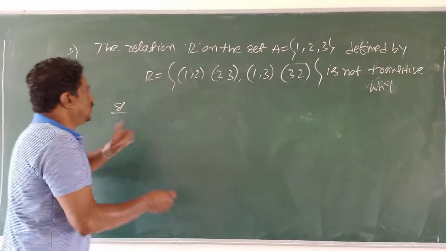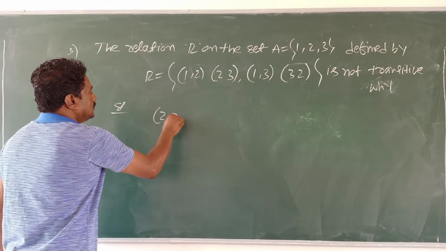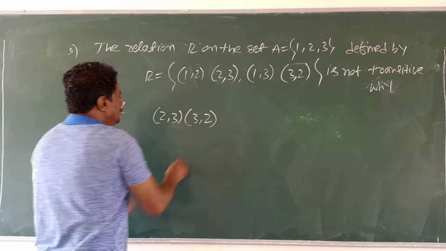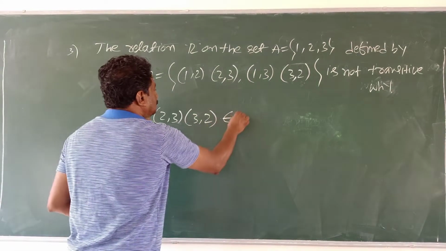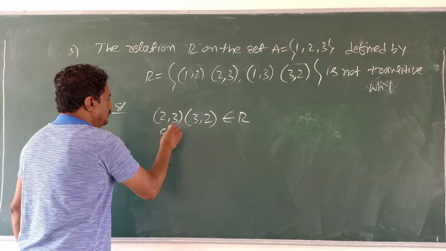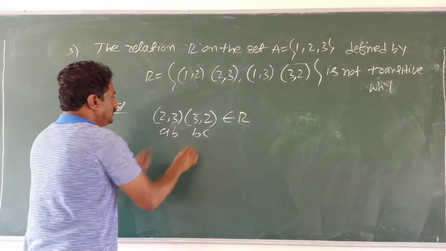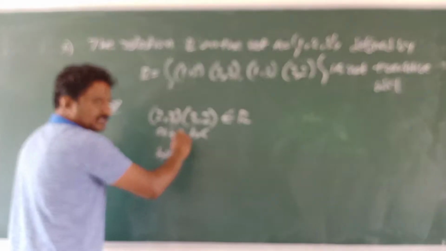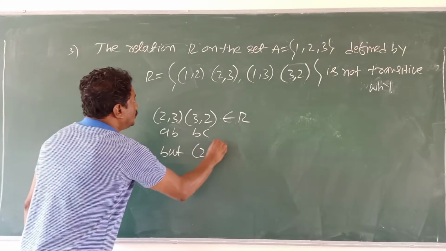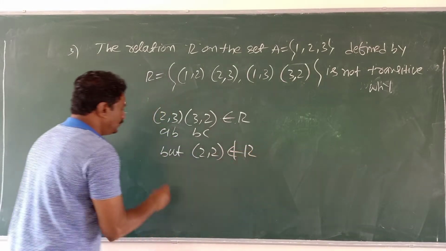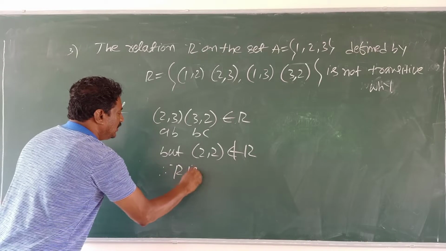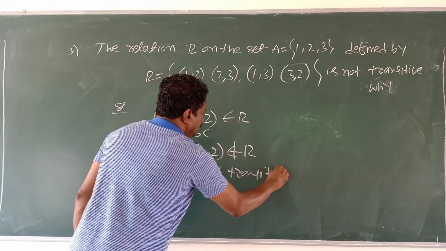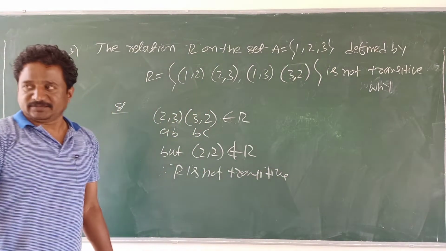So I take (2,3), (3,2): (a,b), (b,c) belong to R, but (a,c), which is (2,2), does not belong to R. Therefore, R is not transitive.